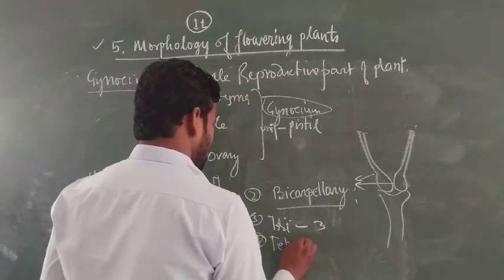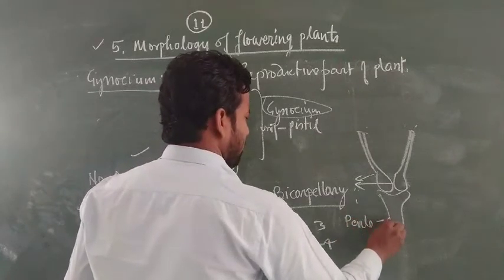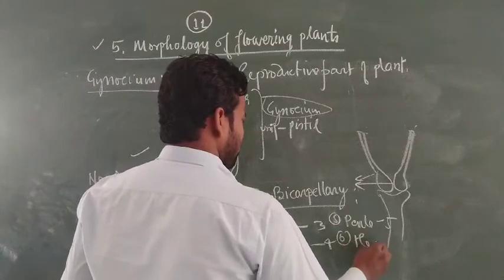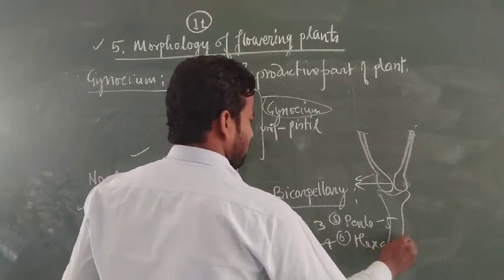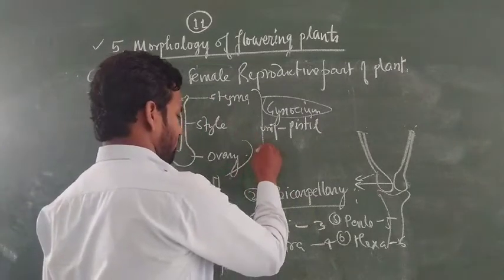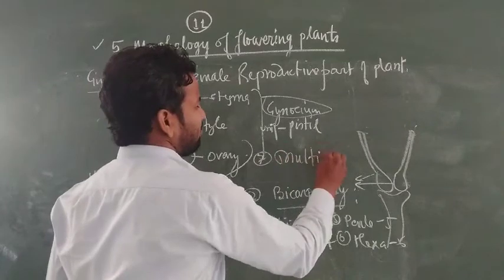Tetracarpellary is also observed, four carpels. Pentacarpellary, five carpels. Hexacarpellary means six carpels. And next is multicarpellary, meaning many carpels.